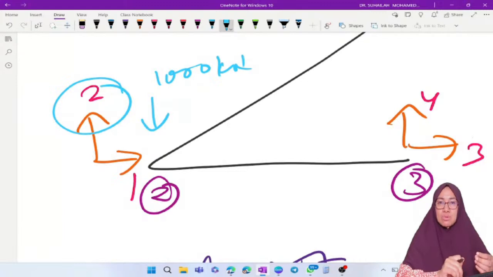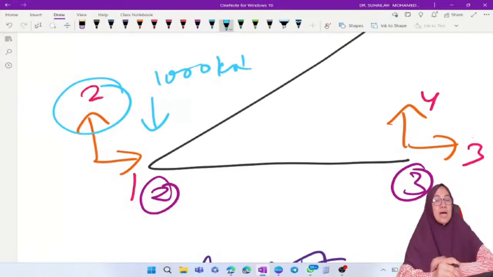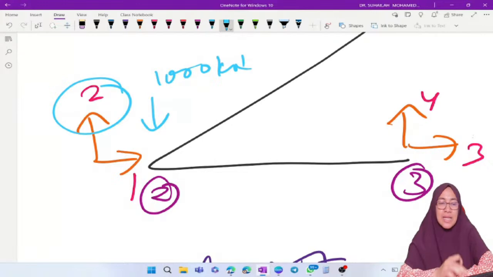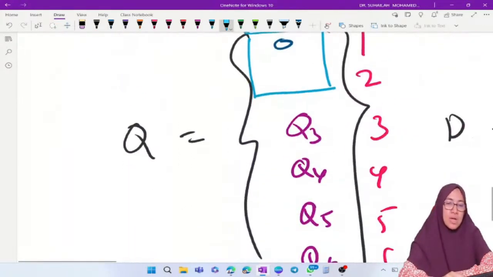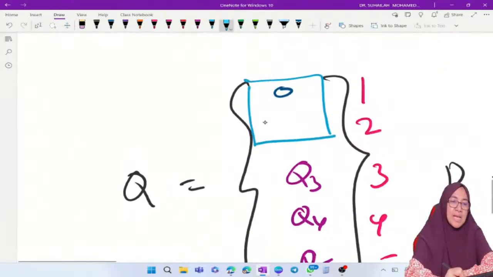So Q2 is negative 1000. If the direction is the same, it is positive; if opposite, it is negative. So the answer is correct: negative 1000 for Q2.